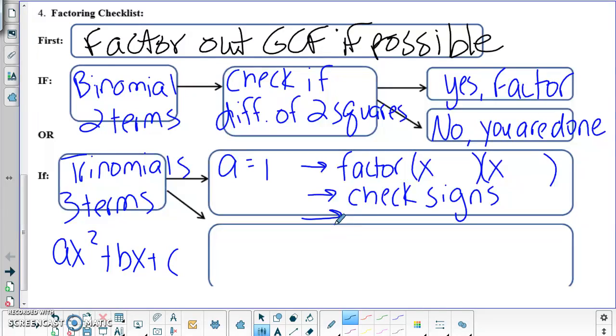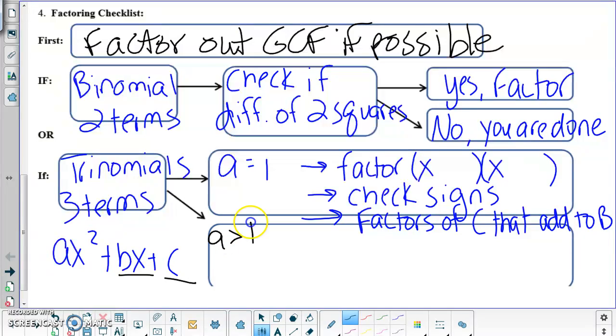And then you're going to pick the factors of c that add to b. Now, if a is greater than 1, these are the ones you hate, the guess and check.